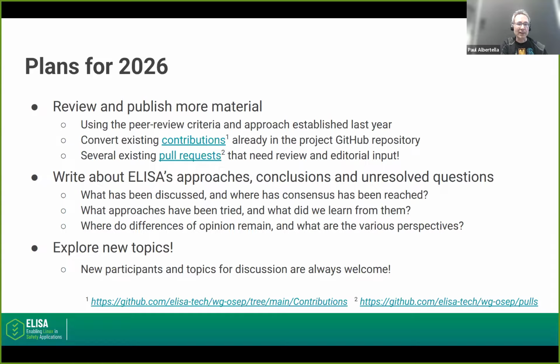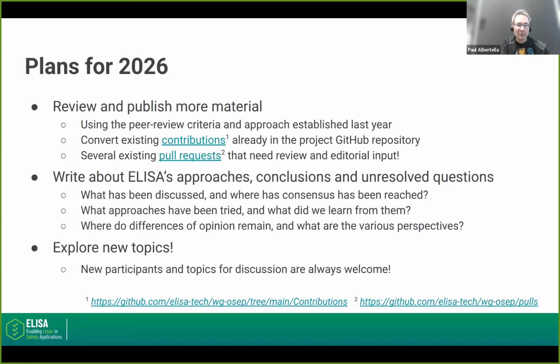Where we have tried particular approaches, it would be really useful to write about them, what we learned from them if they didn't go the way we expected, but also what wasn't tried, what could be carried forward.